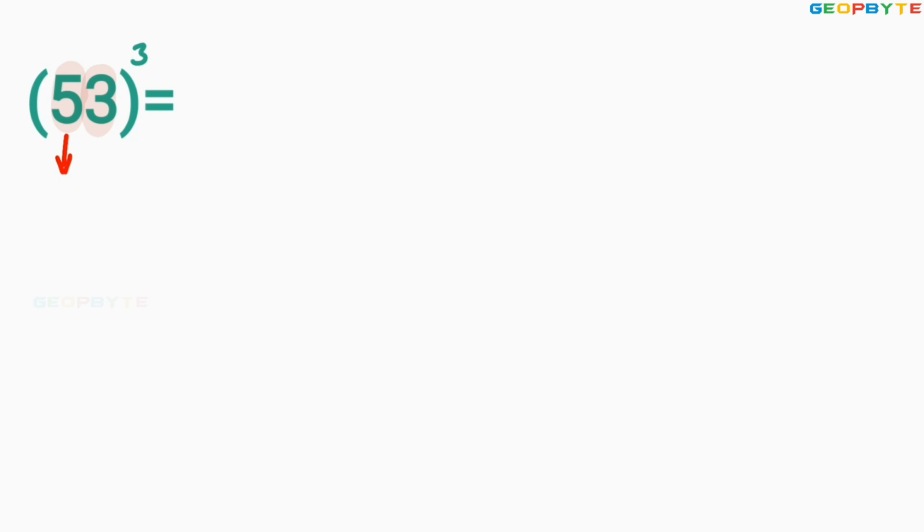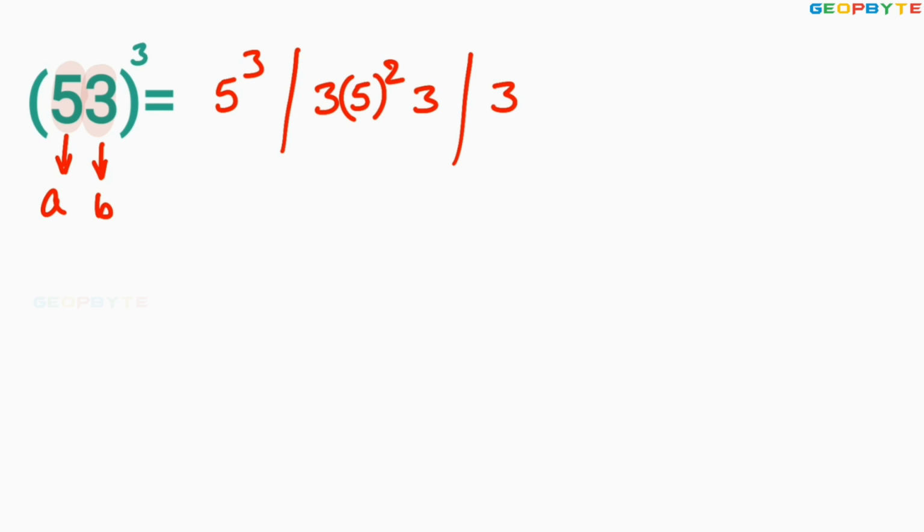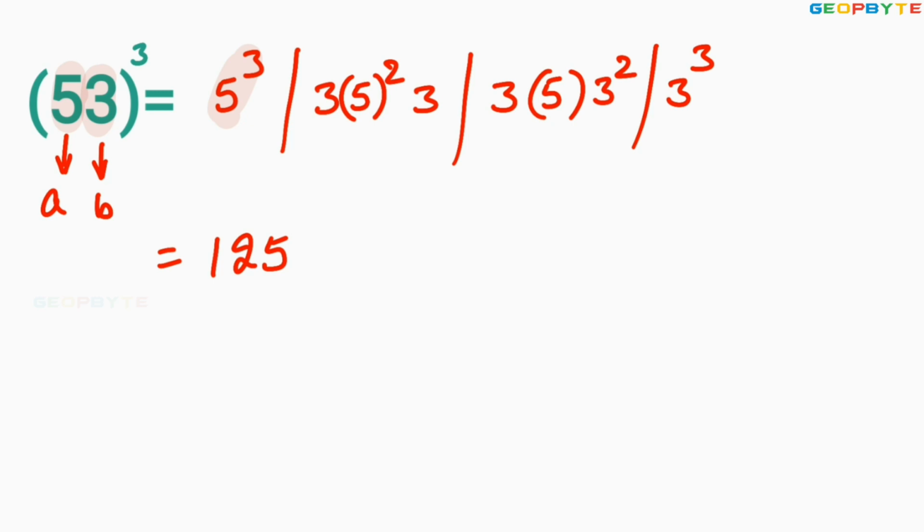You assume this 5 as A, 3 as B. A cube is 5 cube, 3A square B, 3AB square, and B cube is 3 cube. It is equal to 5 cube. 5 cube is how much? 125.